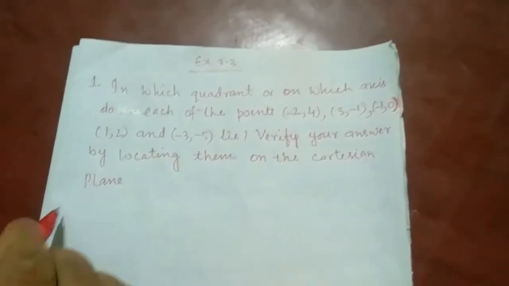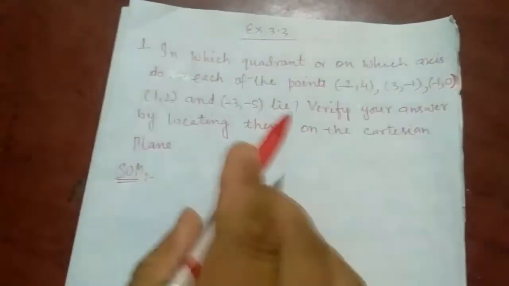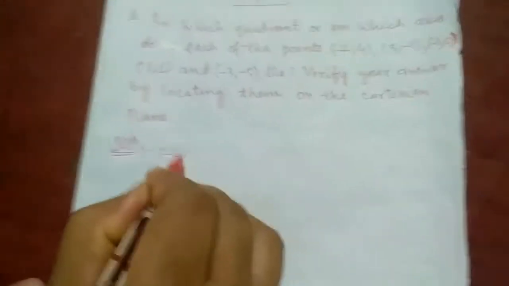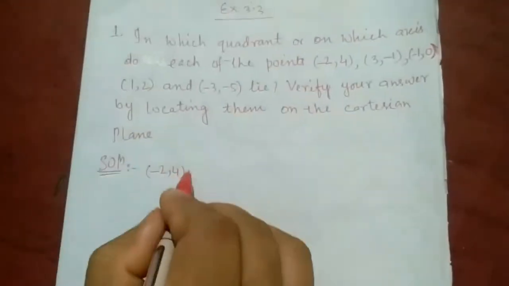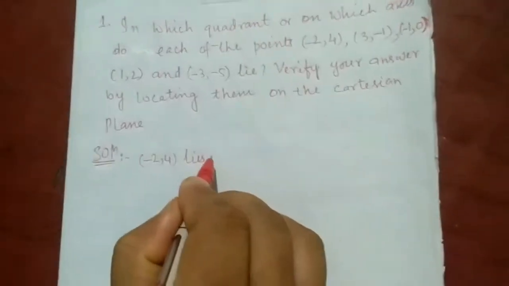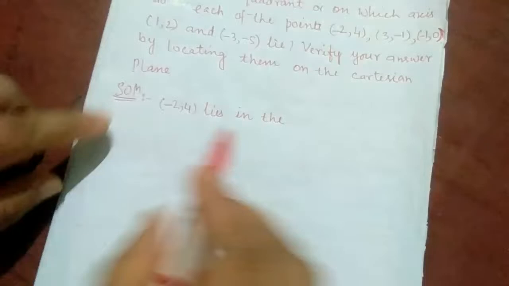Okay, so on which quadrant does this point lie, let me show you. First, (-2, 4) lies in which quadrant? Negative, positive.